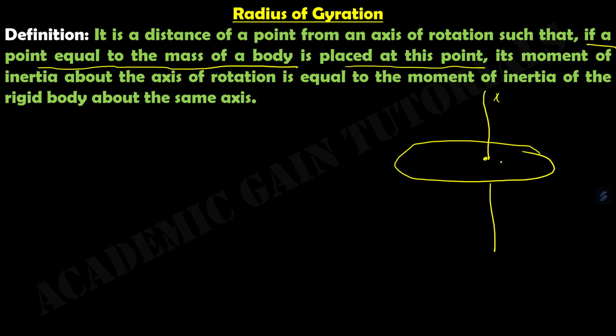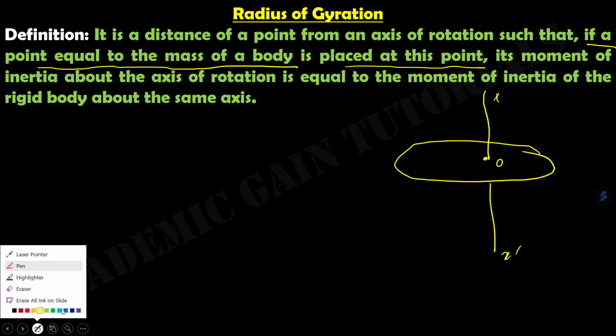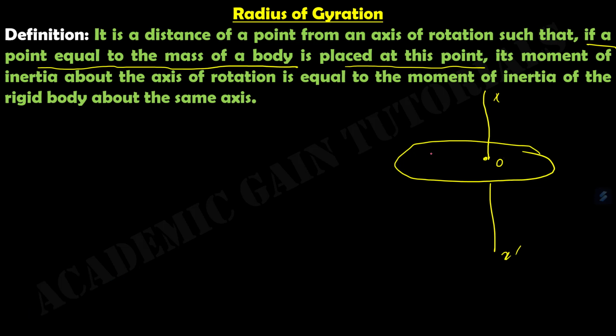This is the axis of rotation. Suppose we denote a point, if this point has a property.